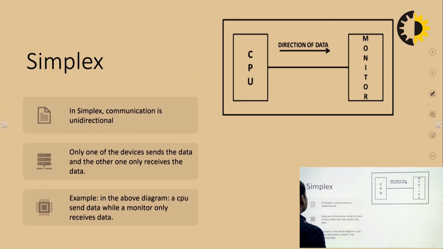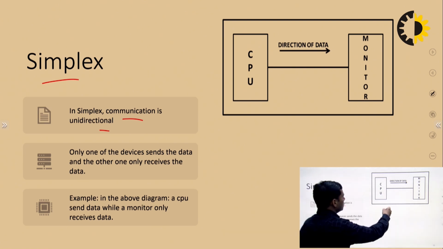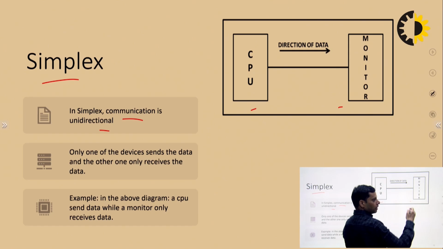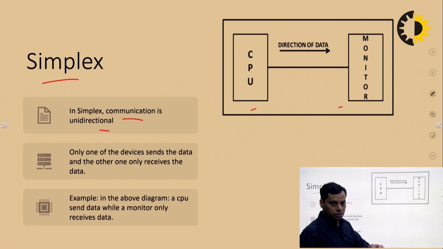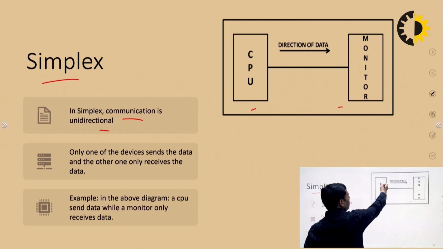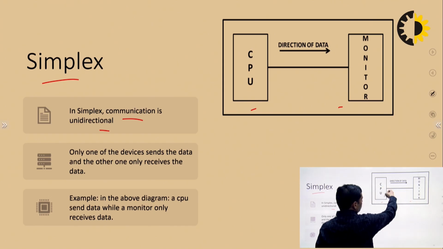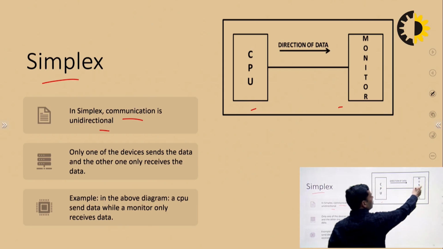When we see the simplex part, it is a unidirectional communication. Only one of the devices sends the data and the other only receives the data. You can see here, the data which we enter by keyboard is processed by the CPU and displayed only on the monitor.